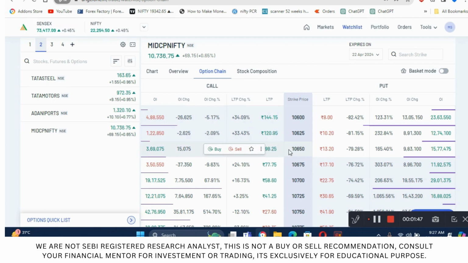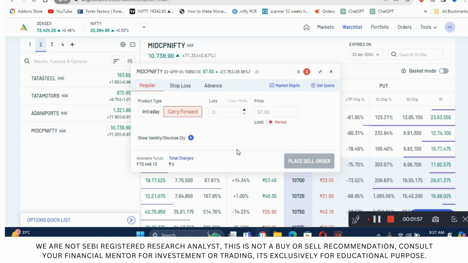This is the at the money option. Suppose I want to sell this: hover over it, click the sell button, then enter the lot, and see how much it's showing. I need 93,000 rupees to sell this option if I am doing naked selling.